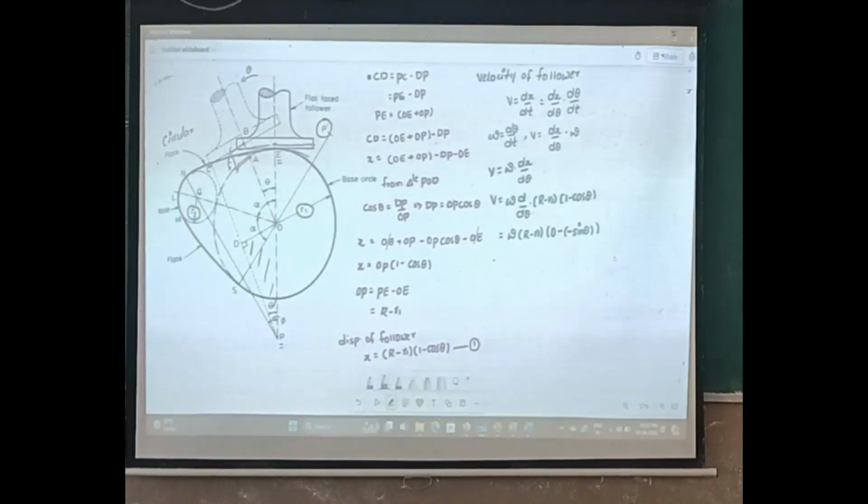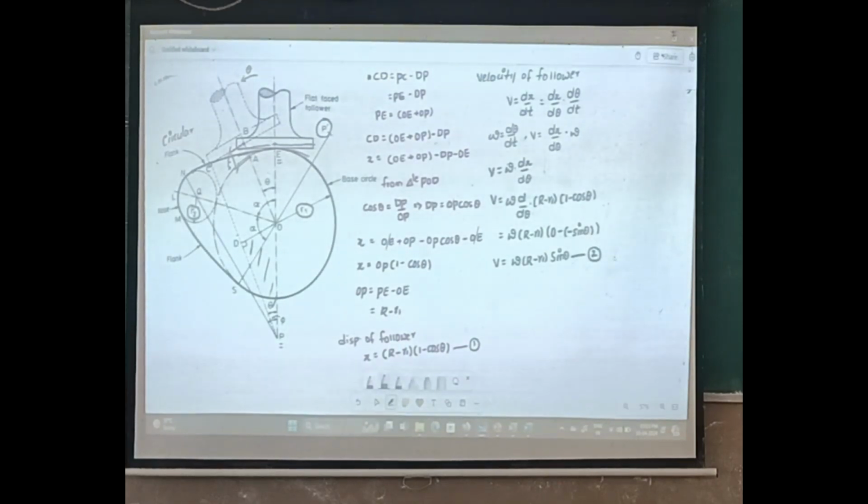Therefore the velocity v is equal to omega into (R minus r1) into sin theta. So this is the velocity equation, equation number 2.